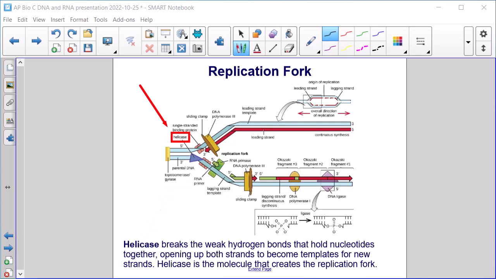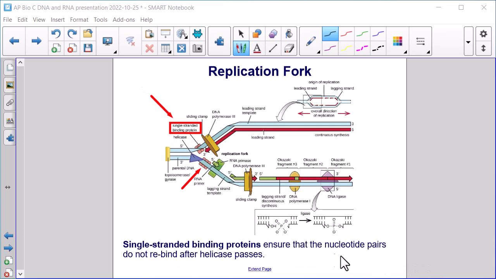Once unwound, helicase breaks the weak hydrogen bonds that hold nucleotides together, opening up both strands to become templates for new strands. Helicase is the molecule that creates the replication fork. So you see that helicase right here.